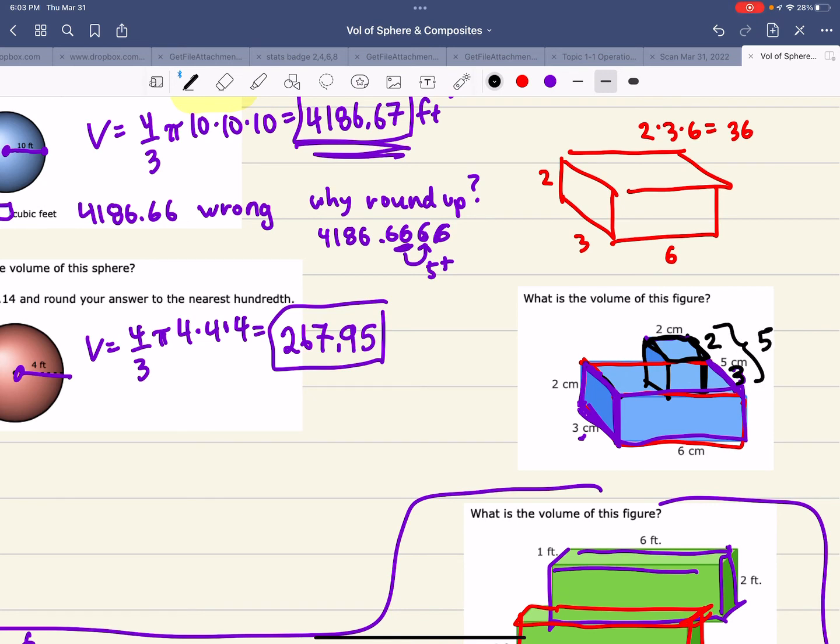It looks flush, so we know that's 2. And what else do we need? The height and then the width. In the back it is actually a square prism that's 2 by 2 by 2, which is 8. Now we can find the total. It's 8 plus 36, which is 44 centimeters cubed.